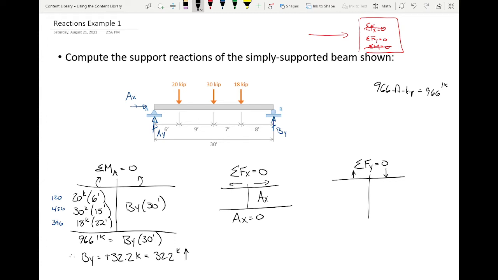So let's start listing these down. So Ax, is that going to go in this table? No, because that's a horizontal force. Ay, that's going to go up. By is going to go up too, but we know what that is. So I might say Ay, and I might say By, but we know that's 32.2. And then for everything going down, 20, 30, 18.